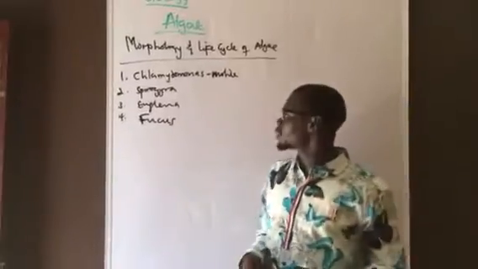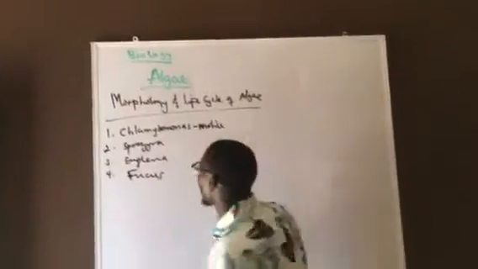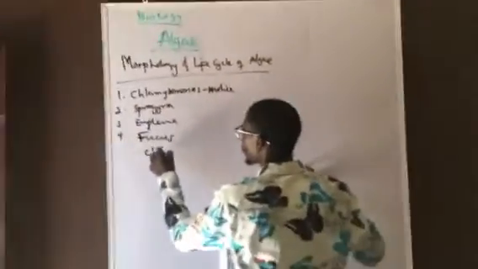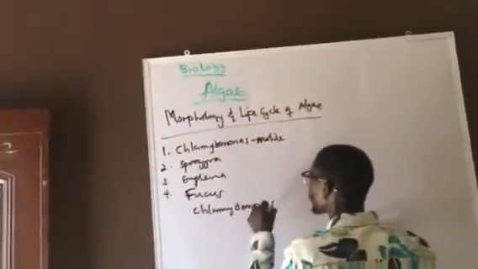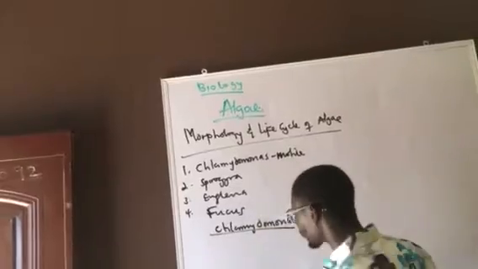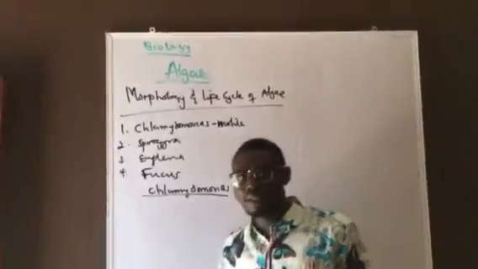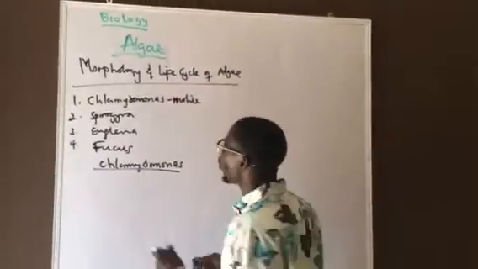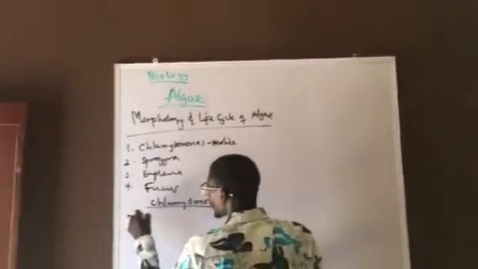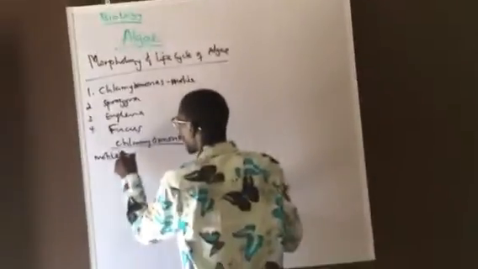So when we talk about this algae, let's start from the Chlamydomonas. When we talk about Chlamydomonas, it is a simple, unicellular green algae.